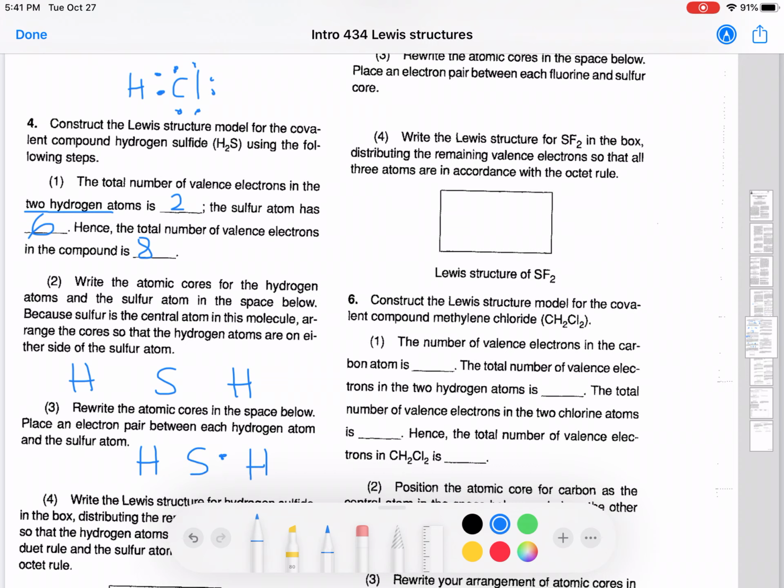You put 2 electrons between them, because we need to have bonds between hydrogen and sulfur, and each bond consists of 2 electrons, and now we have put 4 electrons. Those 4 electrons came from these 8 valence electrons. So since we have used up 4, there were 8 valence electrons, we used 4 and then 4 left.